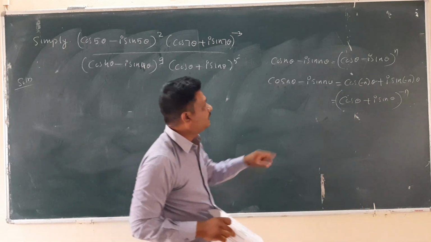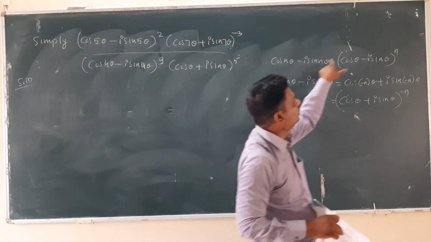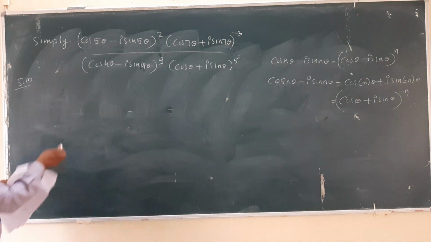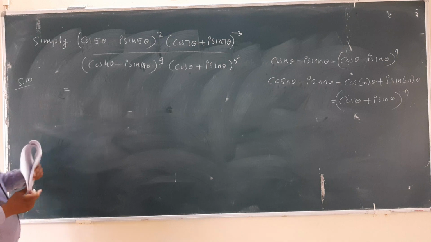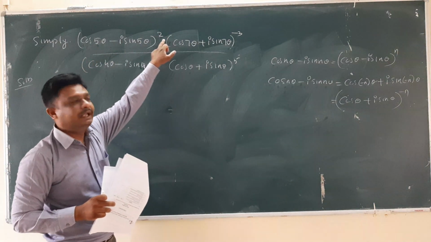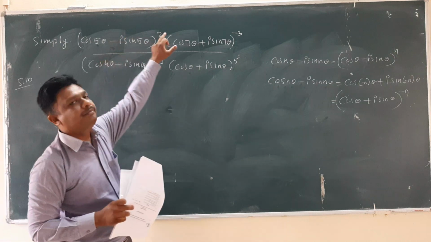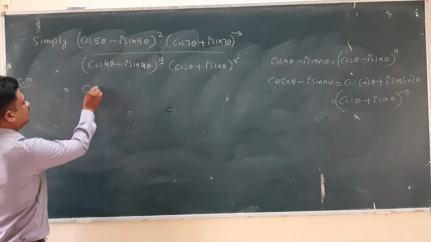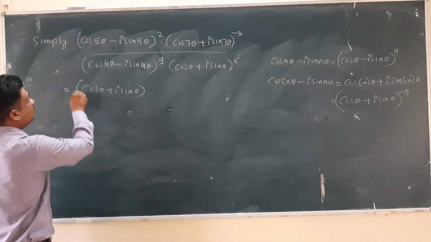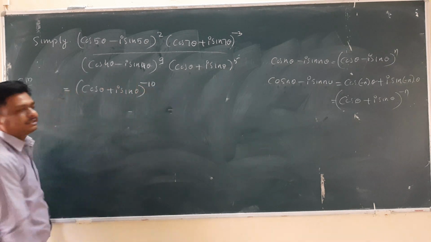So we can take this minus n to the power by using De Moivre's theorem. If I take the 5 to the power, it becomes 5 into 2, with the minus power, so this becomes (cos theta plus i sin theta) to the power of minus 10.